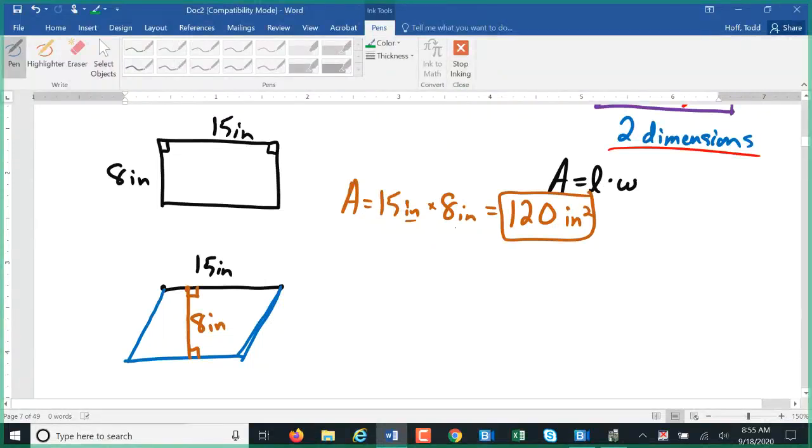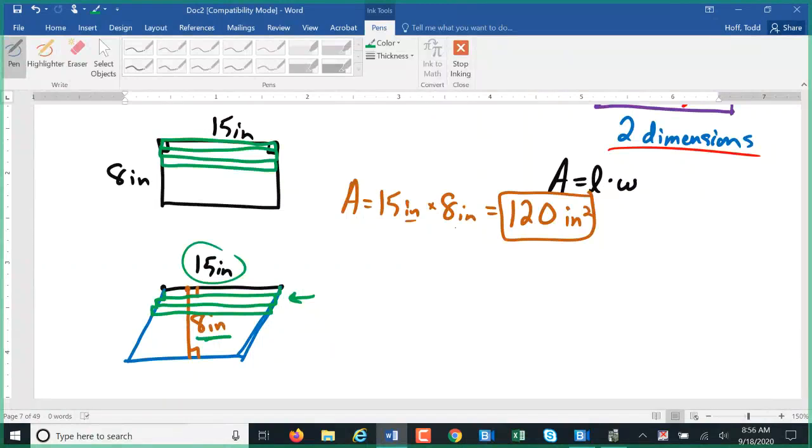If we look at this, if I were to cut this into really thin slices, really thin little rectangles, each of those rectangles is going to be 15 inches long. And the total height of those rectangles stacked up is going to be 8 inches. So if I just push on those rectangles and straighten them up, what I would get is this rectangle up here. Those rectangles would just be perfectly stacked straight up and create a 15-inch by 8-inch rectangle.